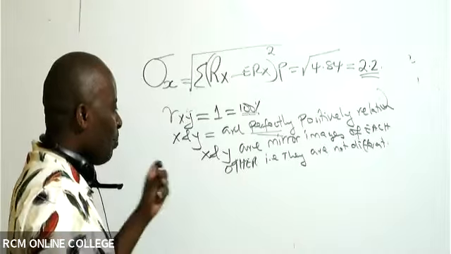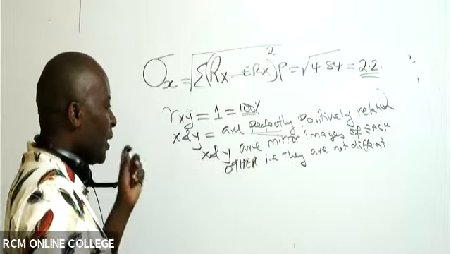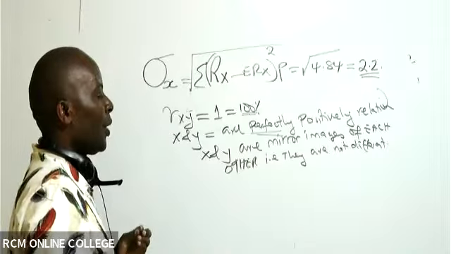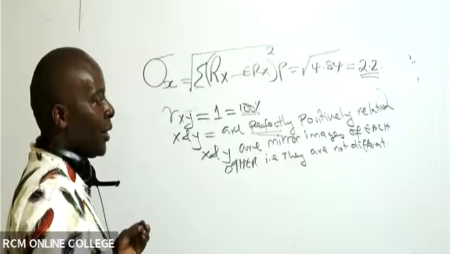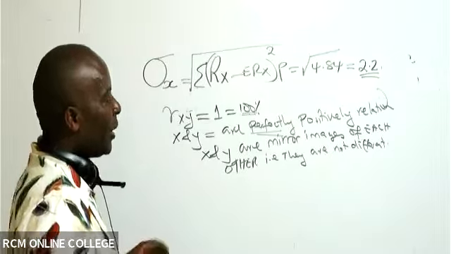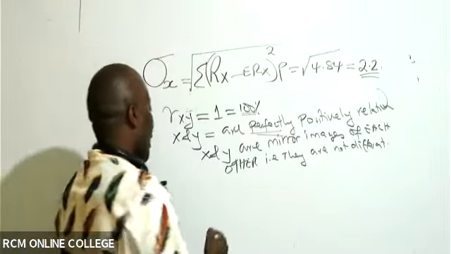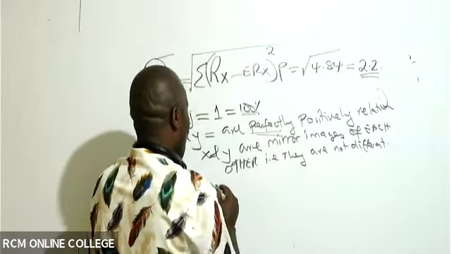Because the relationship is perfect, they are Siamese twins. They are not different. What does that mean, ladies and gentlemen? They cannot make a good combination for a portfolio here.